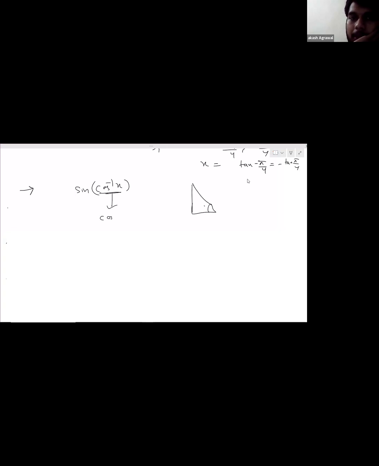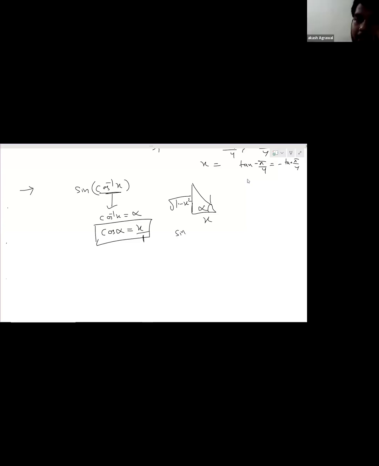Let cos inverse x equal alpha. So can I say cos alpha equals x? Yes, sir. So if this is alpha, base upon hypotenuse, this is x, this is 1. So the perpendicular is root of 1 minus x square.